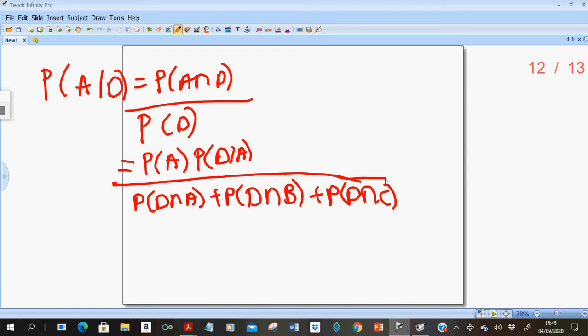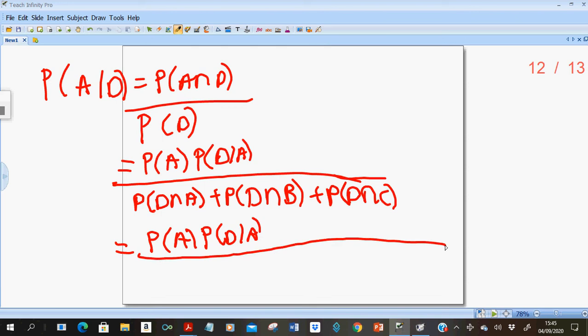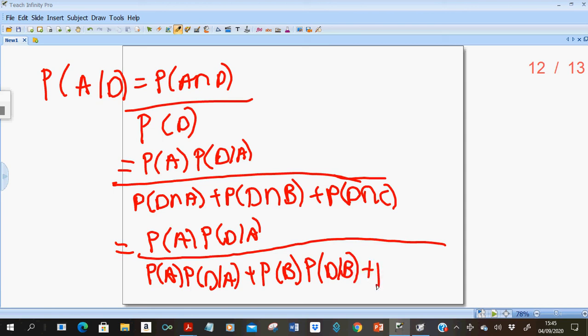So this is just the probability of A multiplied by D given A, over the same as the numerator, A multiplied by D given A, plus probability of B multiplied by the probability of D given B, plus probability of C multiplied by the probability of D given C. So this is our formula.